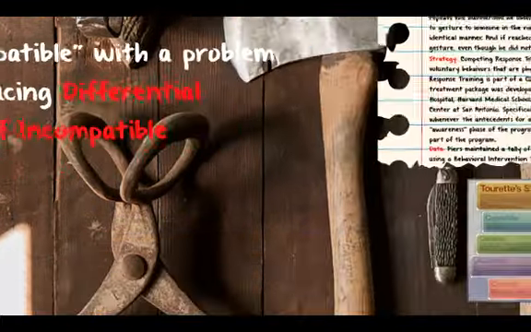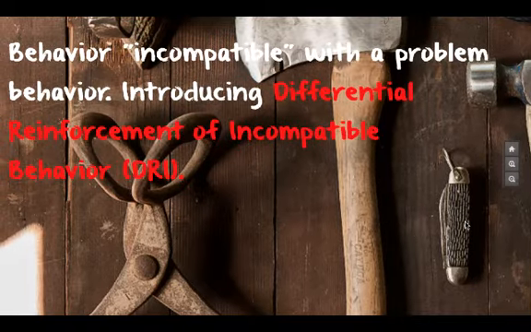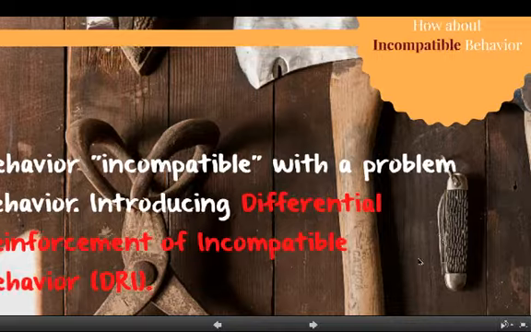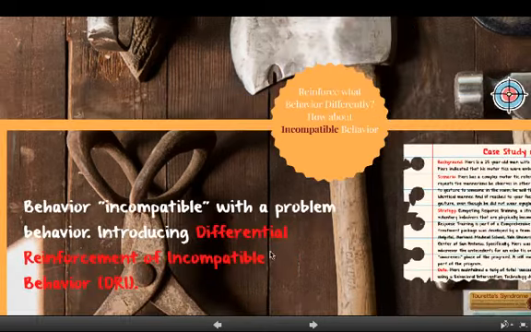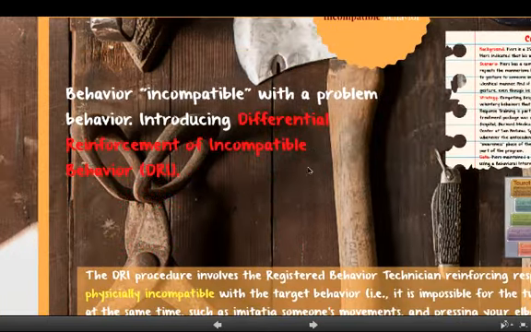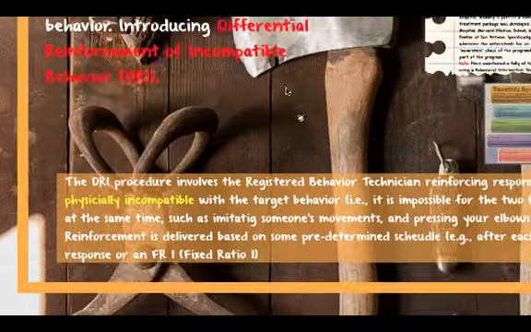Now, the next procedure I want to discuss is what's referred to as differential reinforcement of incompatible behavior. So what do we reinforce differently? Well, behavior that is physically incompatible with the target behavior. So when we're reinforcing behavior that's incompatible, it's referred to as DRI. That's the acronym.